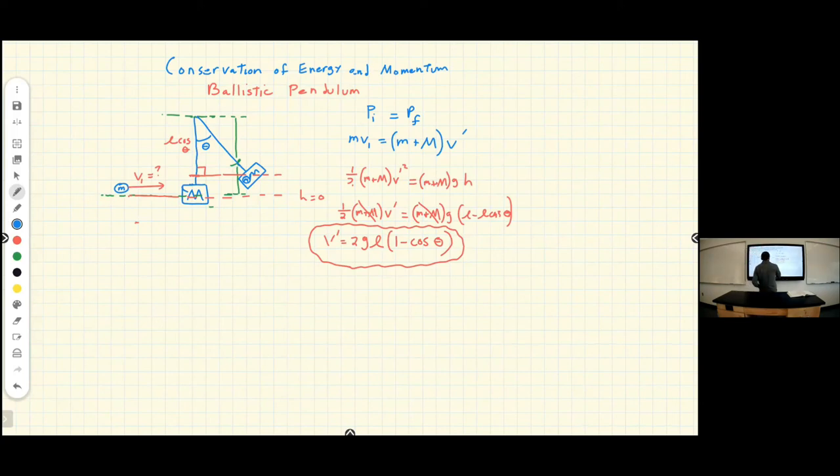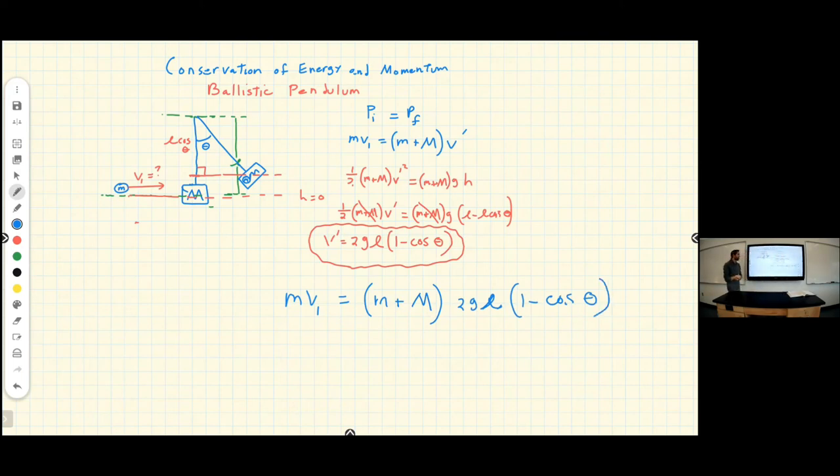So we have m v1 equals m plus capital M times v prime, which is this, 2gL, that's an L, times 1 minus cosine of theta.